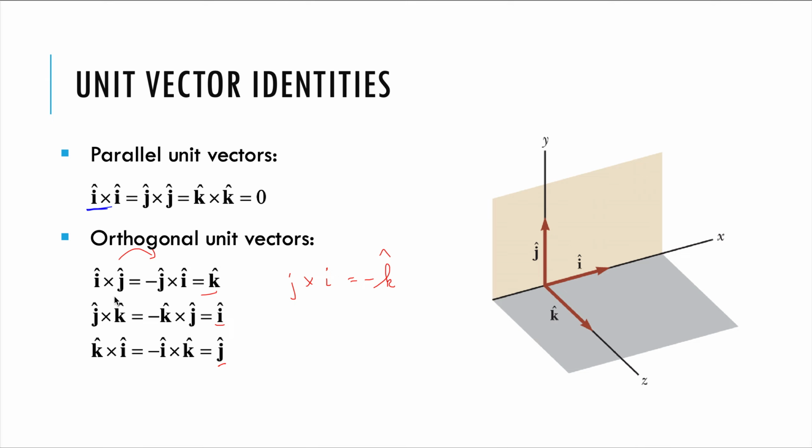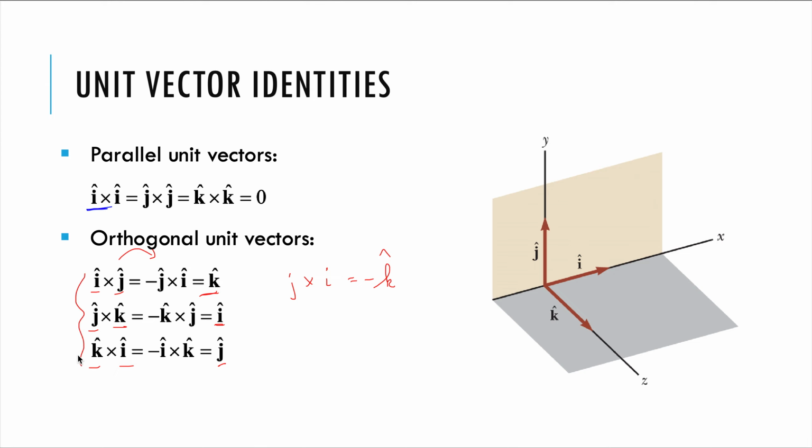So using these identities, whenever you do a cross product, you should be able to figure out the direction of that cross product. The way I've memorized it is I just remember the order IJK, and then now you're at J, well what goes after J is K, and so you get I, and then what comes after K is I, then you get J. So the three properties here follow the order IJK.